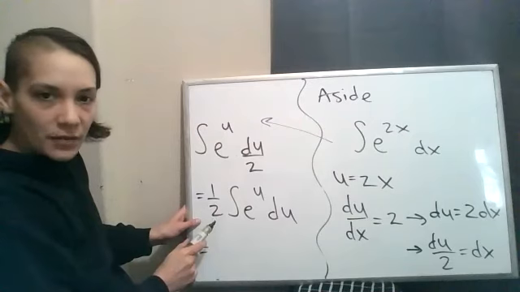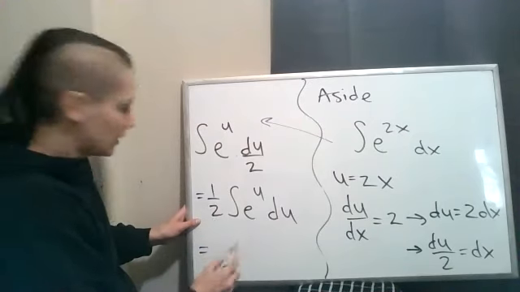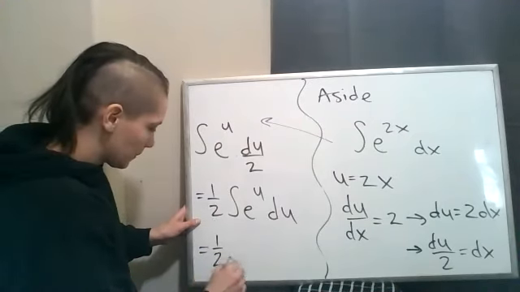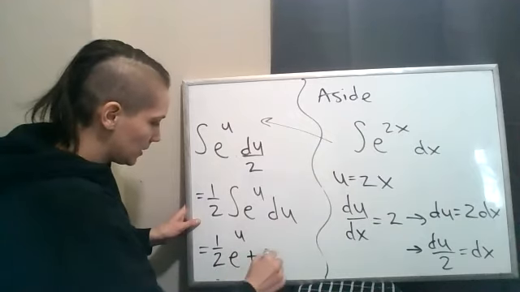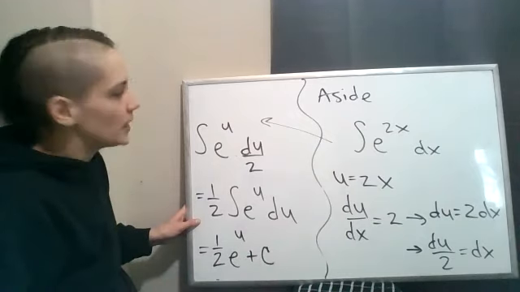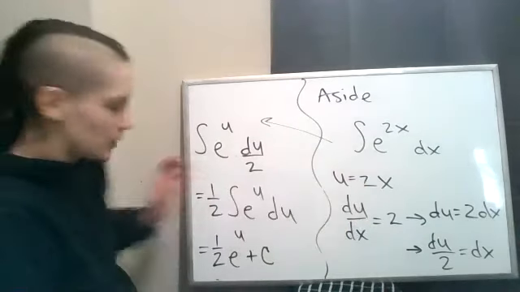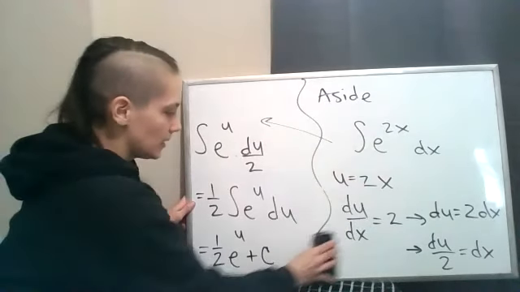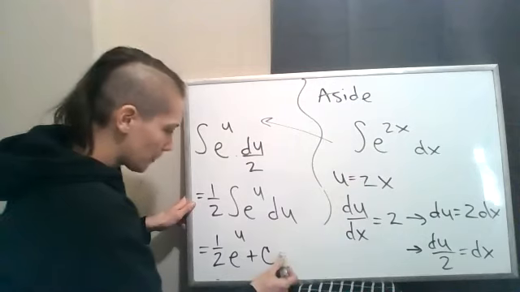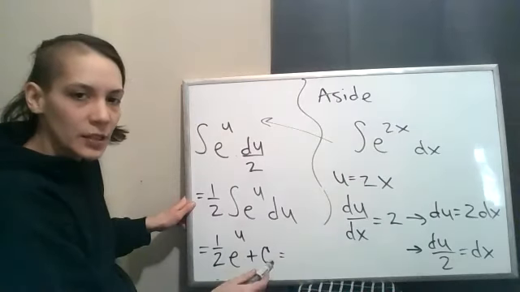So I have 1/2 e to the u plus c. And then u is equal to 2x, so I'll put that in at the end. Okay, 1/2 e to the 2x plus c.